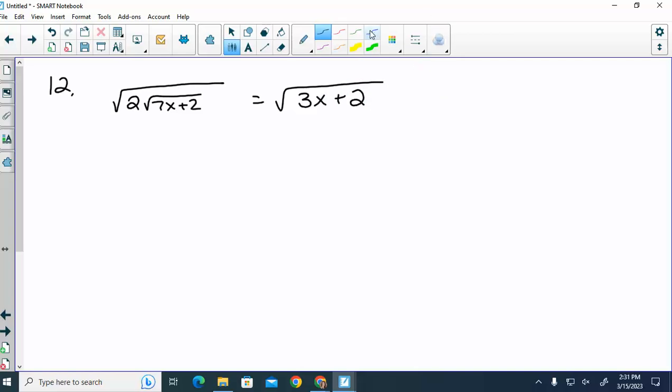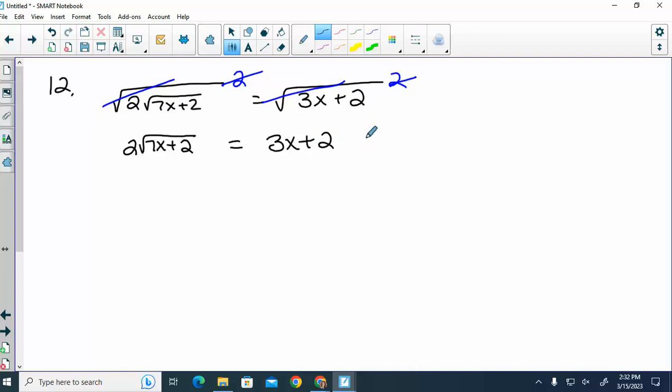So, if we want to get rid of the square root, we can square each side, so that cancels this radical and that. So then we have a 2 square root of 7x plus 2 equals 3x plus 2.